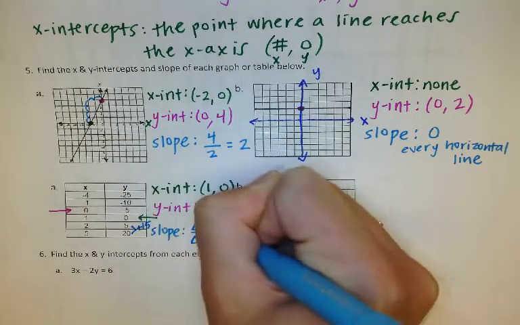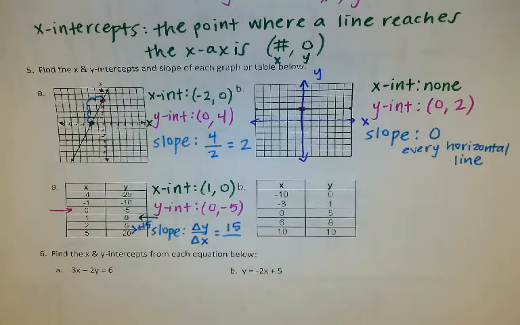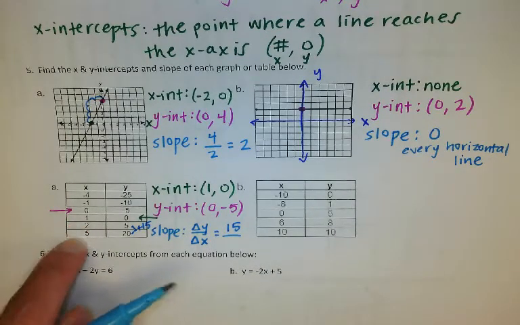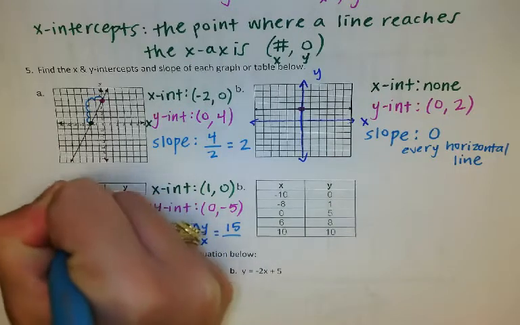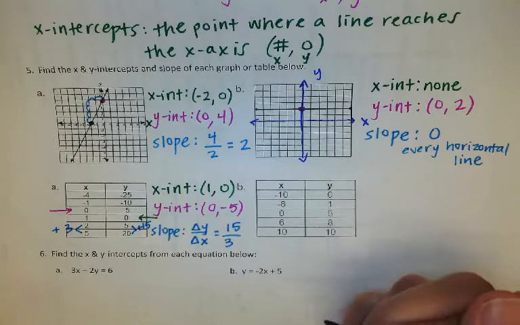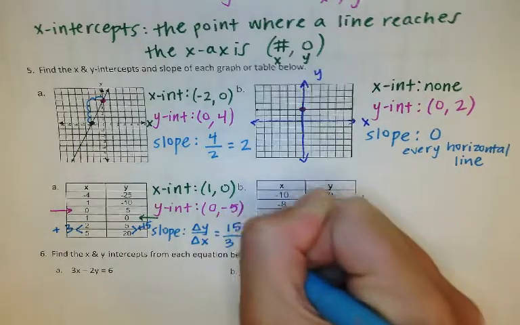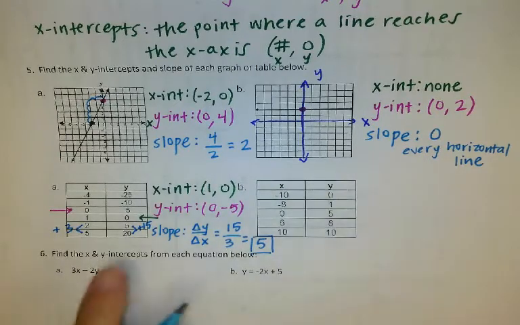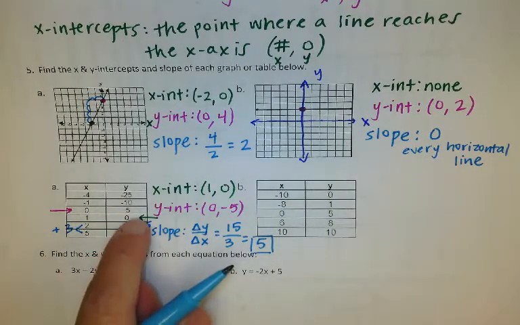So the change in the y's is 15. And then when I look at the x's that pair with that, from 2 to 5, I had to add 3. So we're going to divide by positive 3. 15 divided by 3 is 5. So the rate of change here is 5.